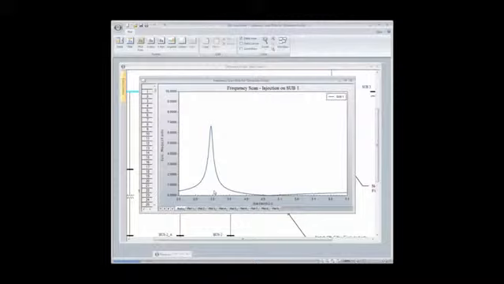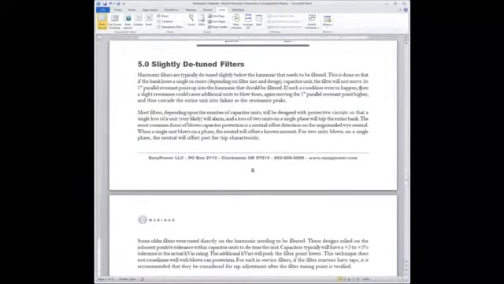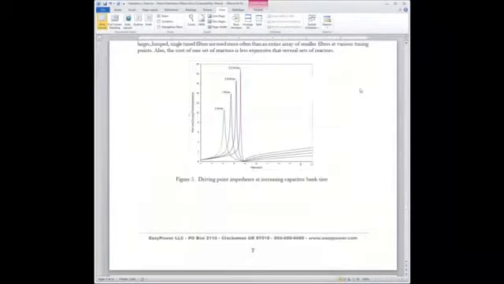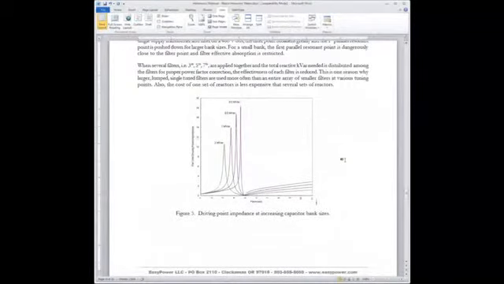In fact, let me bring back Microsoft Word here. And let's scroll down to a picture that I have right here. Okay. So in this picture, let me make this a little wider. We can zoom in a little more.